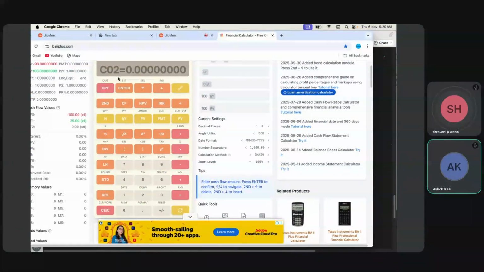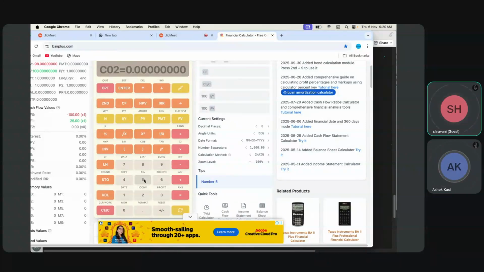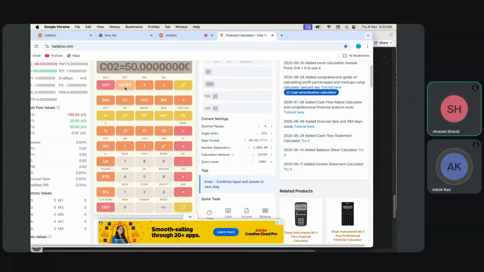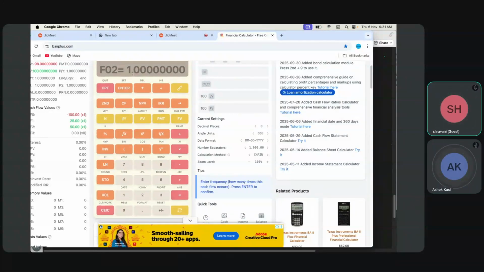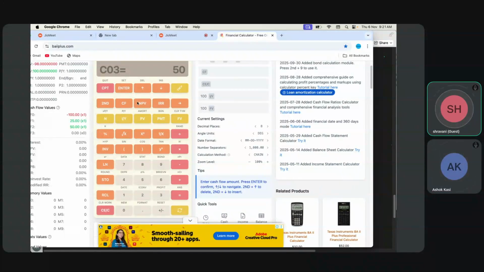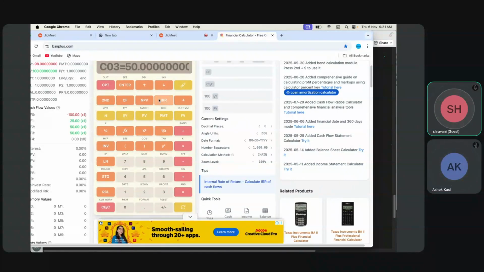Then cash flow 2, downward arrow. Cash flow 2 is again 50, right? 50. Enter. Then again downward arrow. Frequency is 1 only. You have to ignore frequency, as I said. Then the next one is 50, right? Enter.